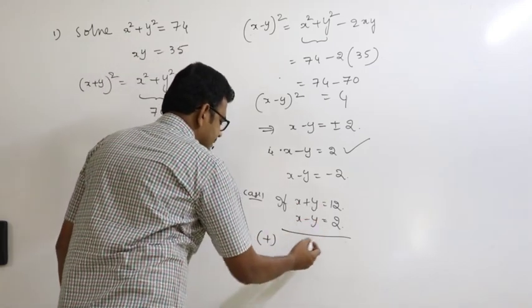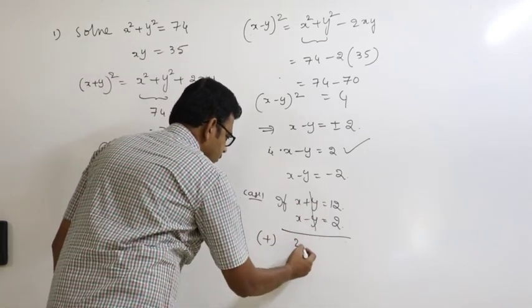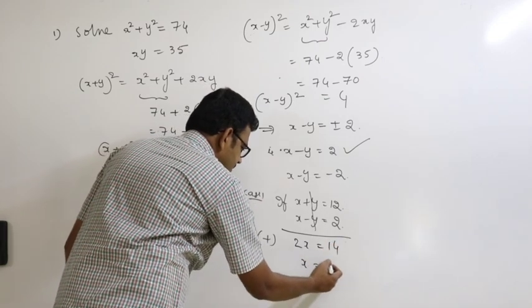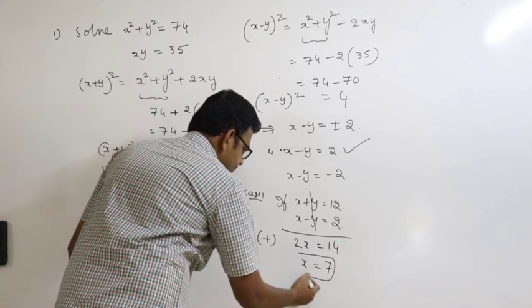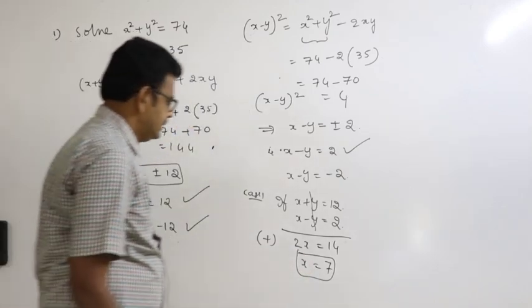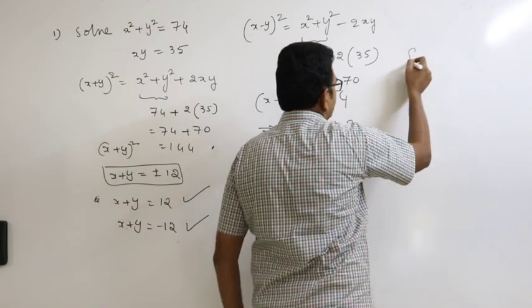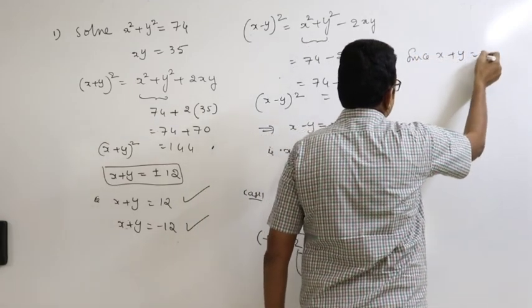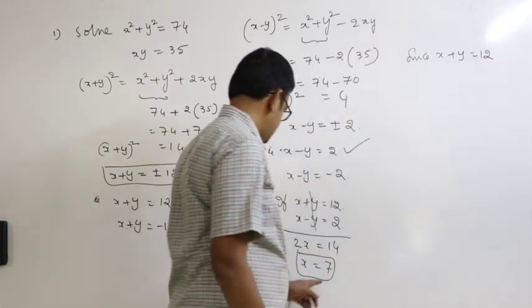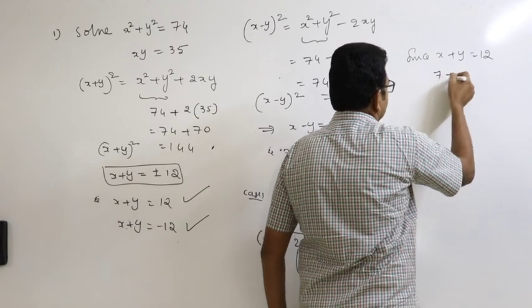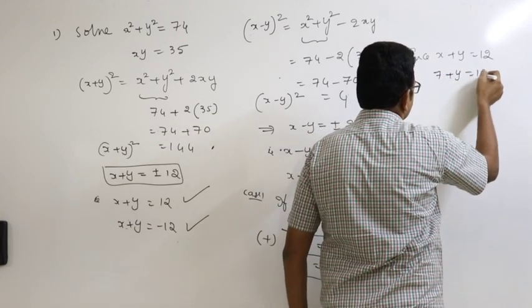So these two get cancelled. 2x is equal to 14, x is equal to 14 by 2, 7. Now, substituting the value, since x plus y is equal to 12 and x is equal to 7, 7 plus y is equal to 12.